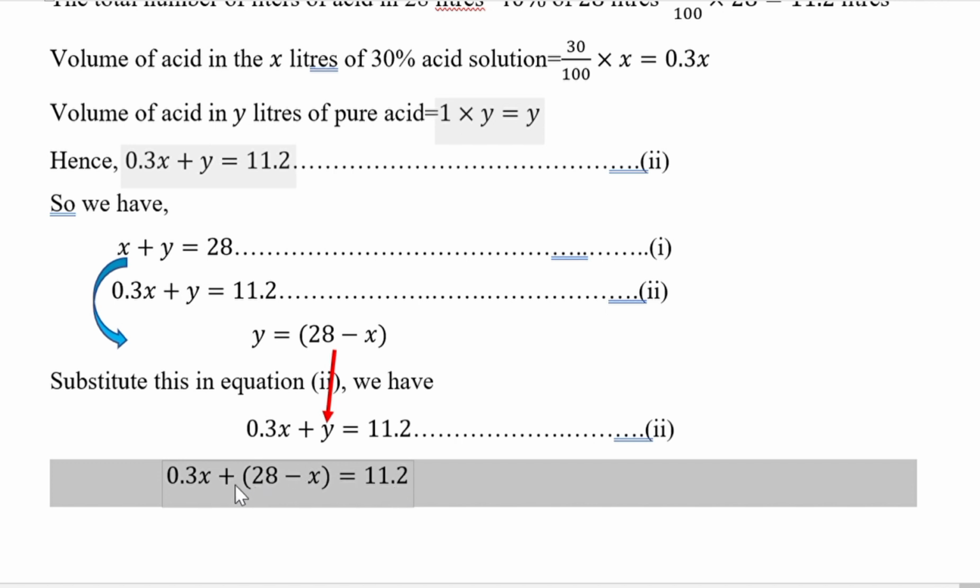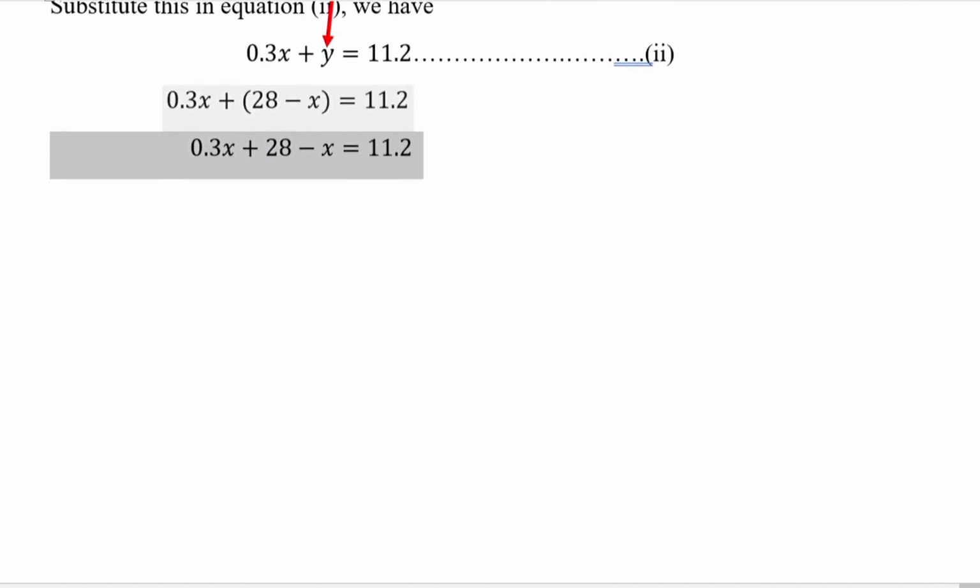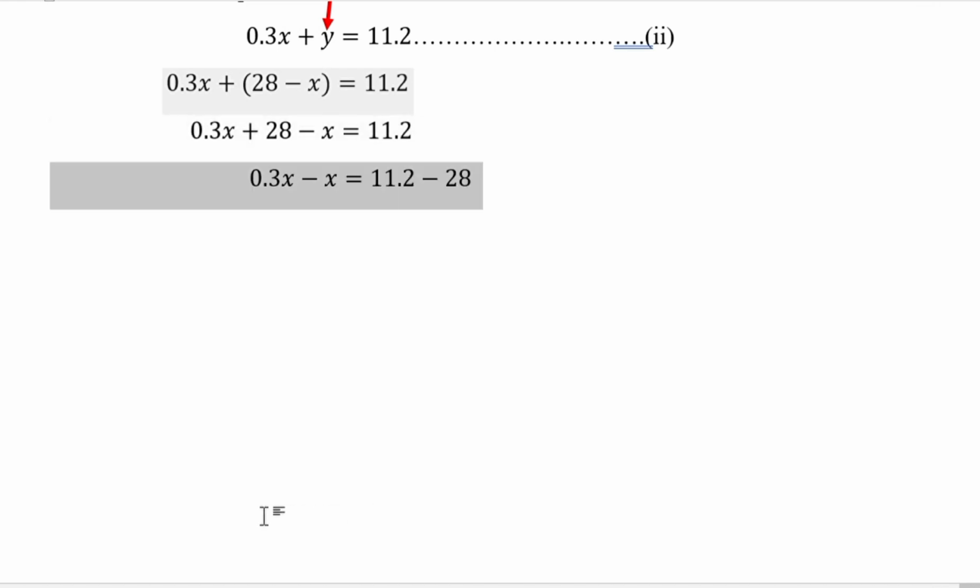Now, opening the brackets gives us 0.3X plus 28 minus X should be 11.2. Then collecting like terms, we have 0.3X minus X being equal to 11.2. Then we take the 28 across the equal sign. We shall change its sign to negative 28.